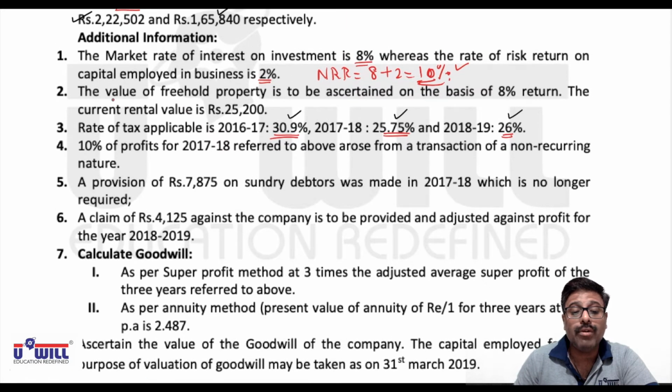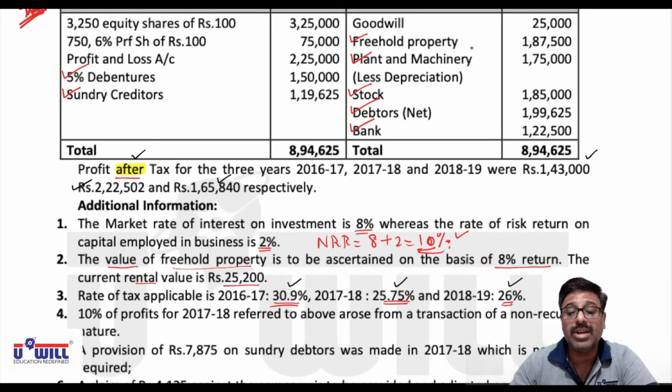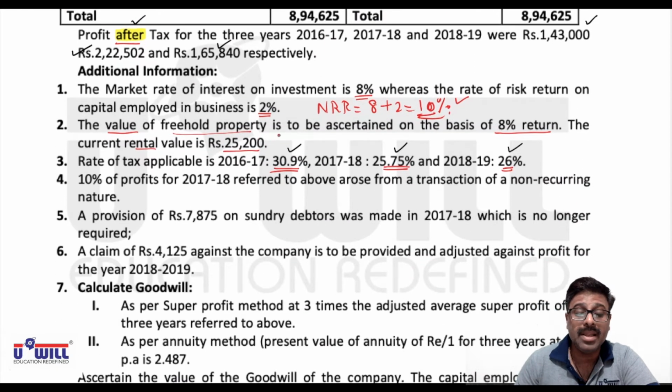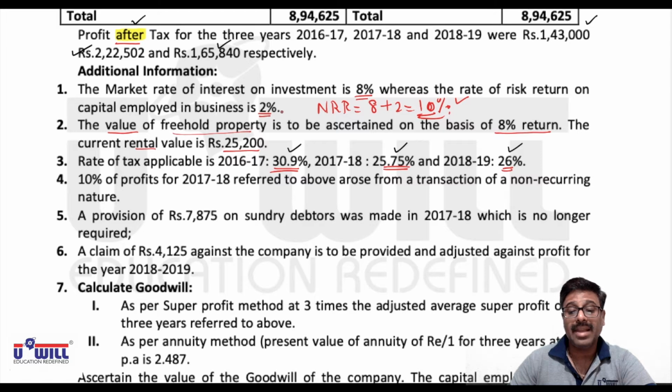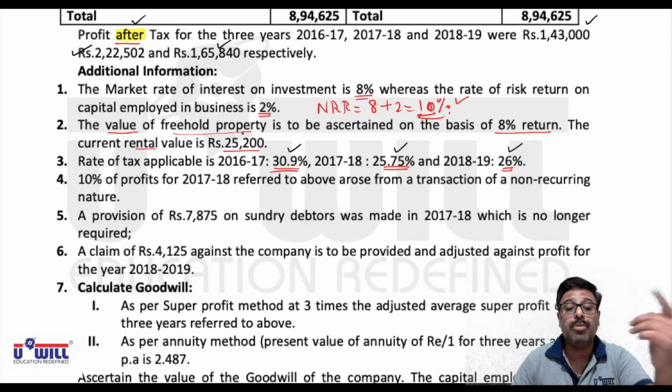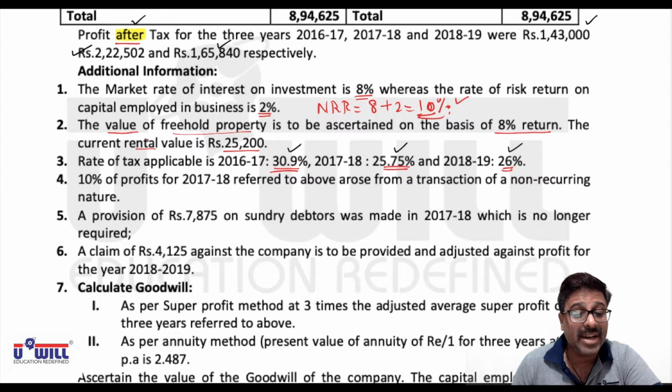The value of freehold property is to be ascertained on the basis of 8% return, and the current rental value is 25,200. From this we will get the fair value of the property, which we have to take in calculating capital employed. Understand it: we must be earning 8% return on our property, and that return is in the form of rent.